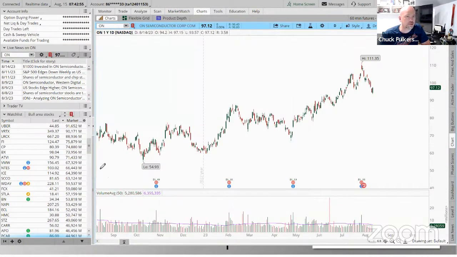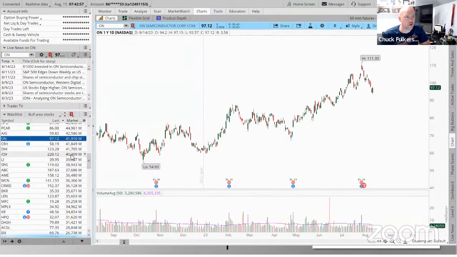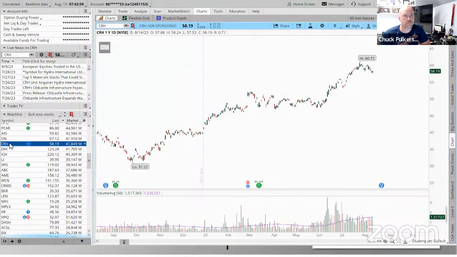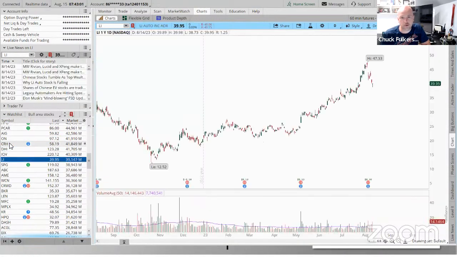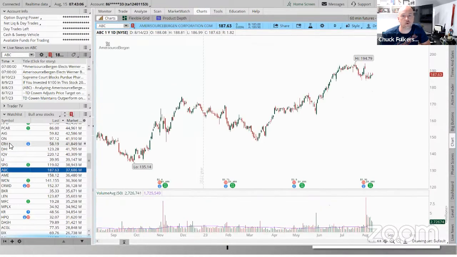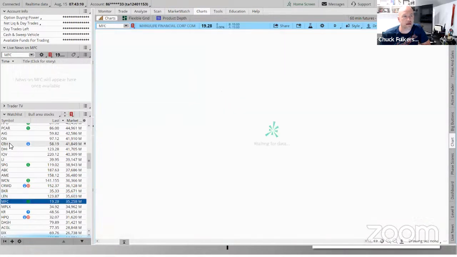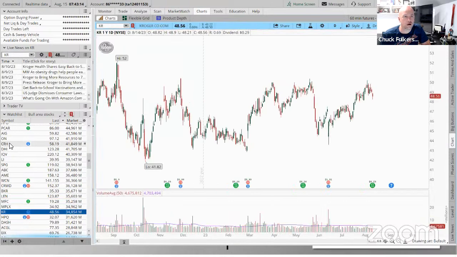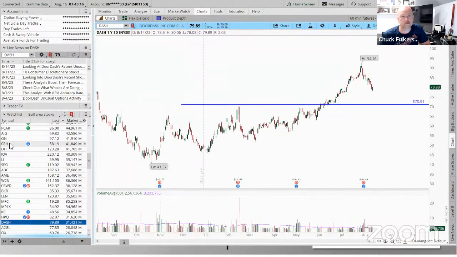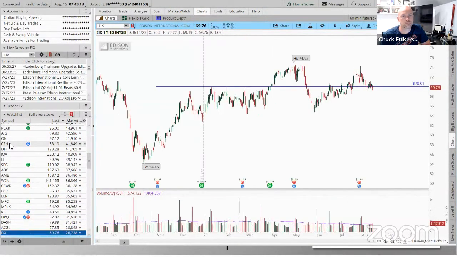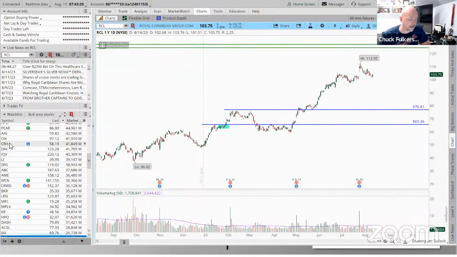As I shoot down this list, I'm not finding a whole lot of things that excite me. Frankly, JP Morgan Chase is looking better and better because there is not a whole lot. And now I'm starting to get into much smaller market caps that are going to have lower options liquidity. So nothing else in here that I'm going to really spend some time on.